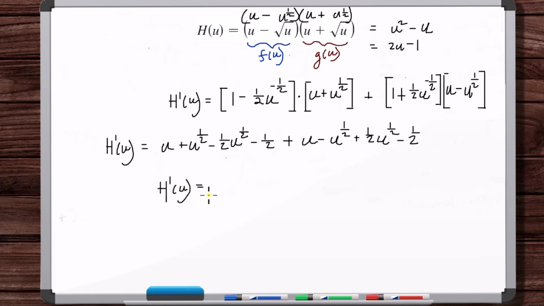So h prime of u is equal to what? Minus 1/2 u to the 1/2 plus 1/2 u to the 1/2, okay, u to the 1/2 minus u to the 1/2. So we add the u and the u to get 2u, and then minus 1/2 minus 1/2 is minus 1. There we go.